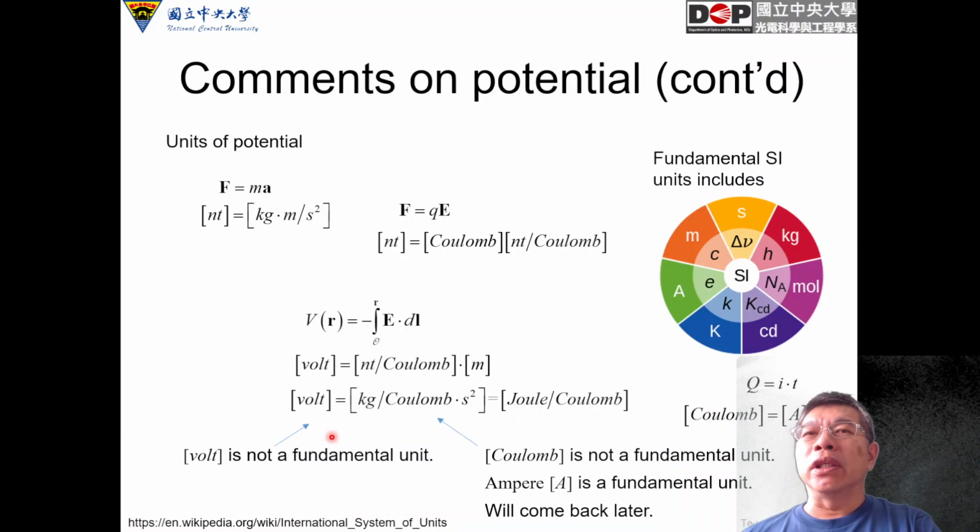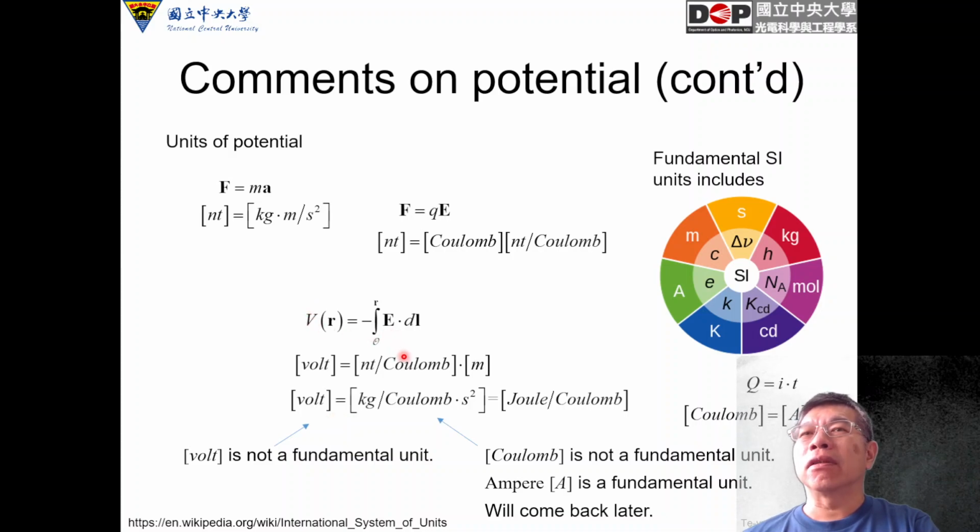Joule is not a fundamental unit, and volt is not a fundamental unit as well. But in electromagnetism or electricity we like this unit, so we use volt as the unit for potential.